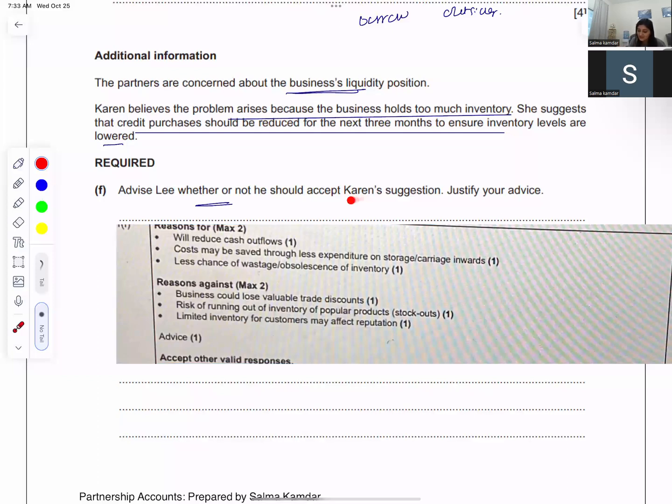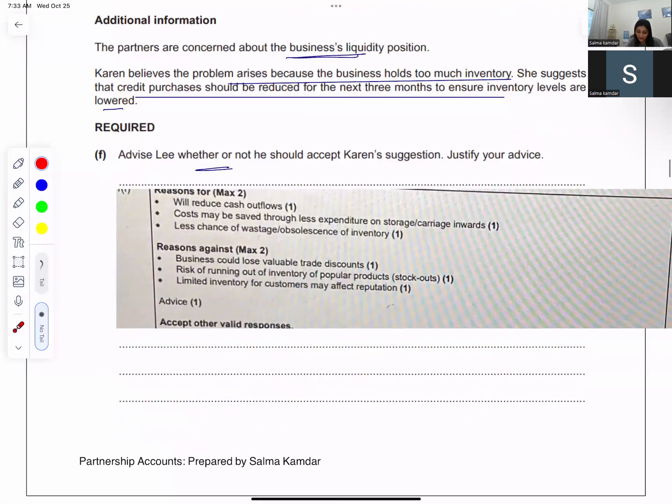Now you have to suggest whether Karen's suggestion should be accepted. You could say they could reduce a little inventory, and not too much, if they are concerned about liquidity. However, they should consider where they could buy inventory from in case of a stock out.